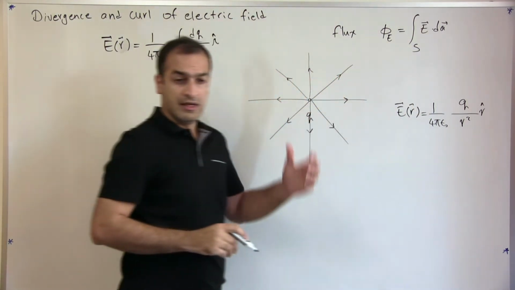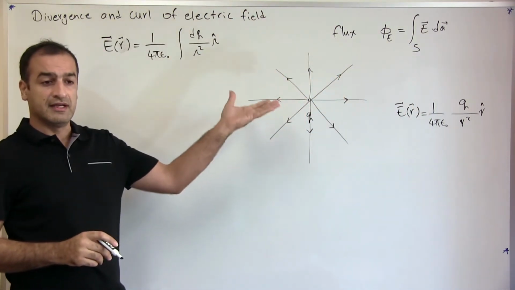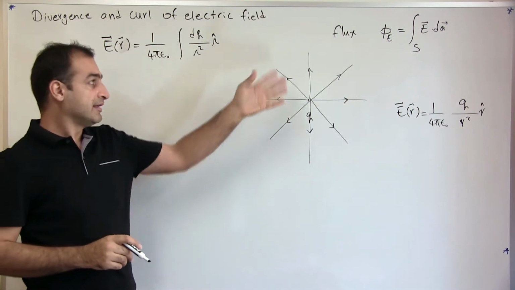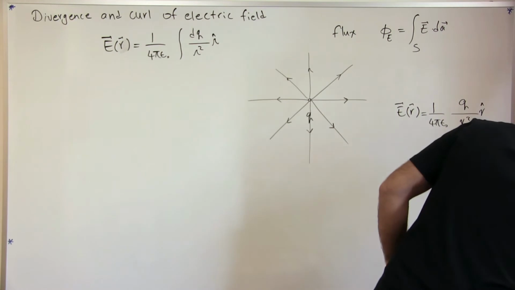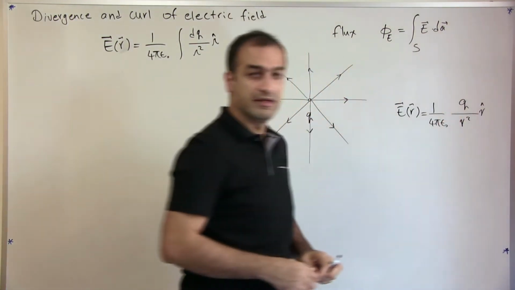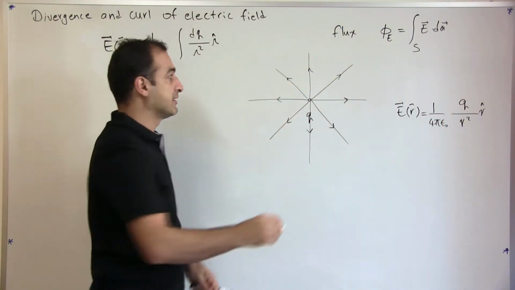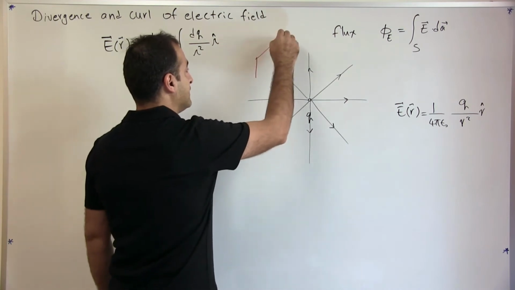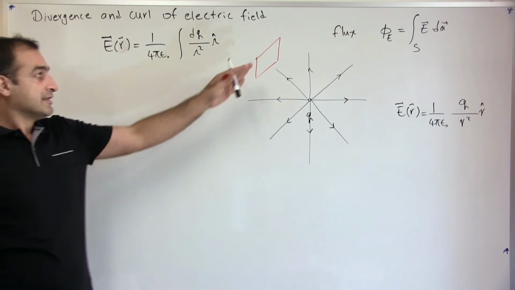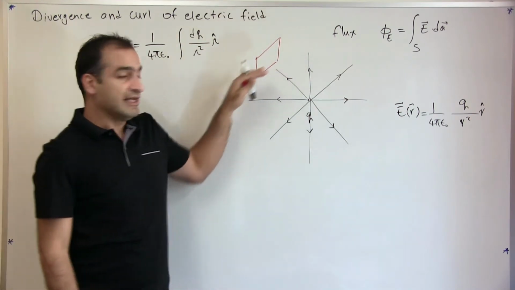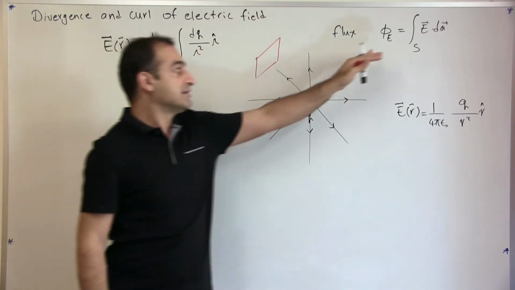We have this field, and we can look at the flux on any random surface. As long as we have the electric field and define the surface, we can calculate the flux. I know where the surface is, I know the electric field, so at any point on the surface I can calculate this flux.